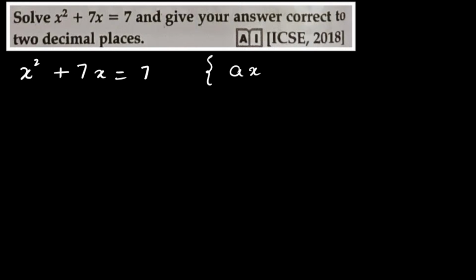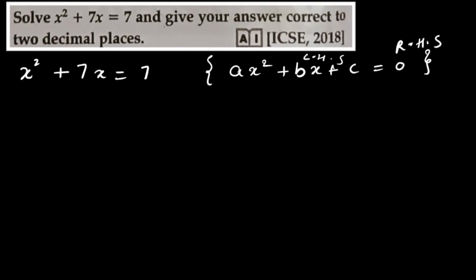Standard form is this: ax square plus bx plus c is equal to 0. So in the standard form of a quadratic equation, the right hand side is 0 and all the terms are on the left hand side. But if you see the given equation, here I have x square plus 7x is equal to 7.